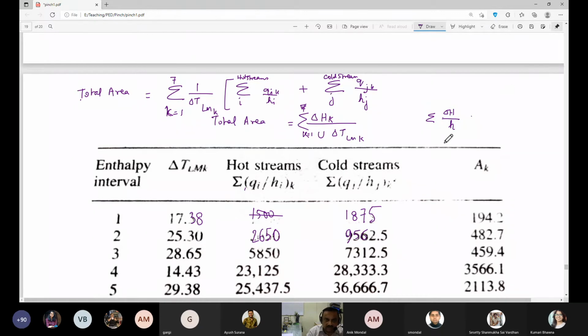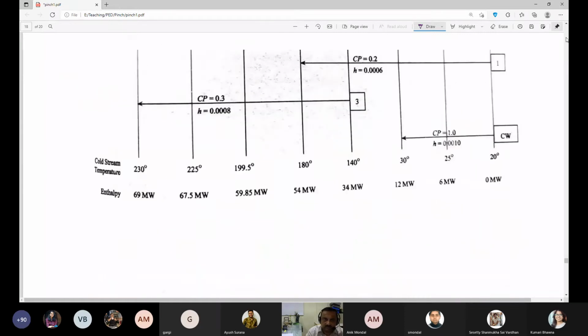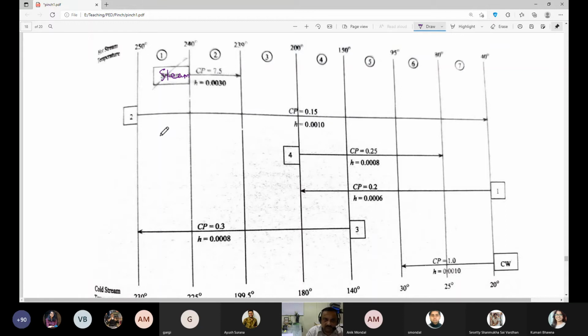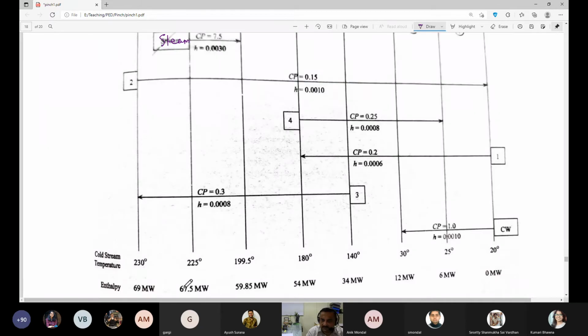So how did we get this 1500 here? We get 1500 because we are talking about the first segment, right? So in the first segment, what is h? It is 0.0010. And Q, the change in enthalpy, is 69 and 67.5, so the difference is 1.5.